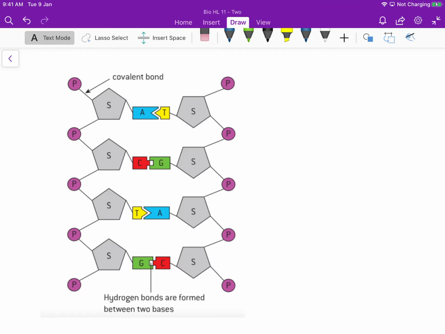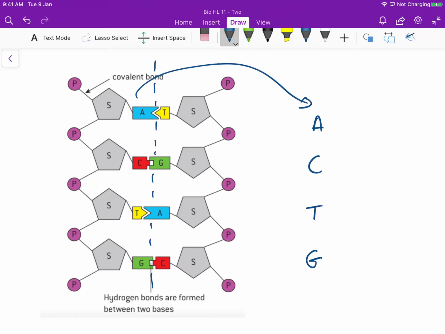So let's imagine we're separating these two strands, and this is a bit of a review of the structure of DNA. We can imagine it as two halves. On this half, if we draw out the letters, we've got A, then a C, then a T, then a G. On the other side, we know what we've got.